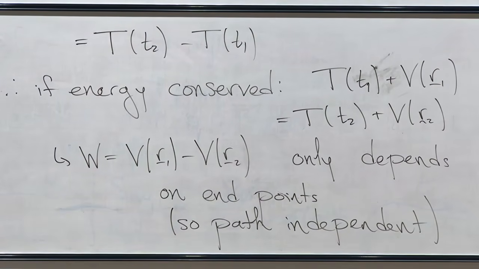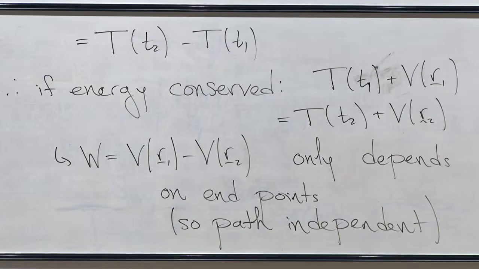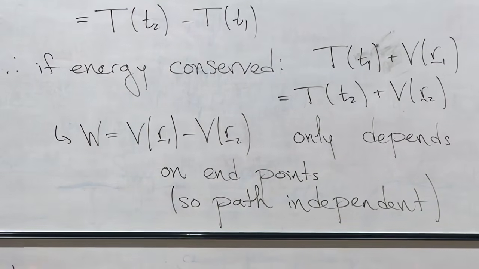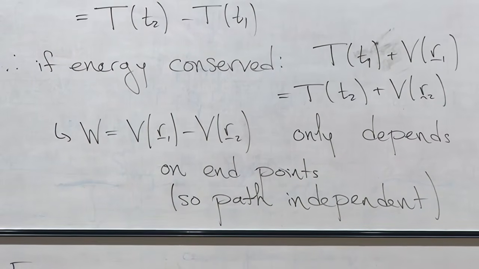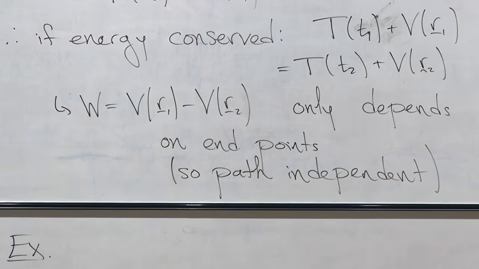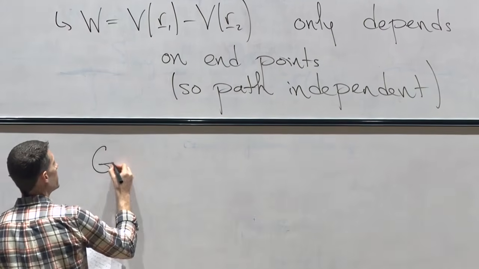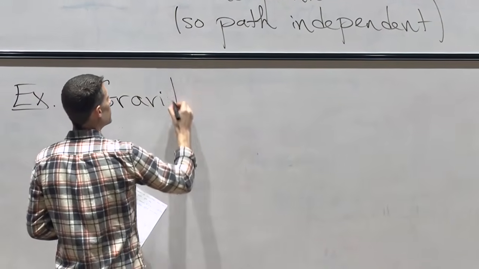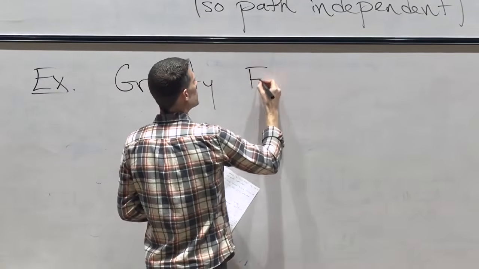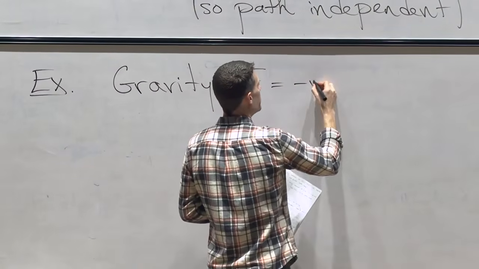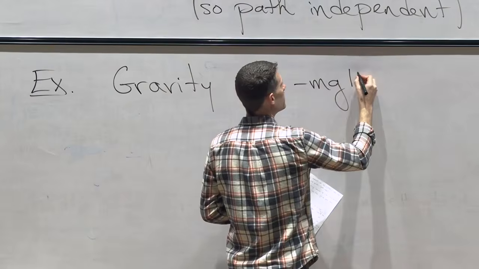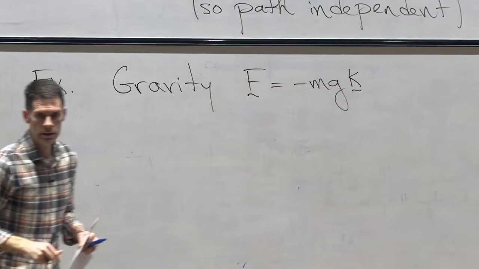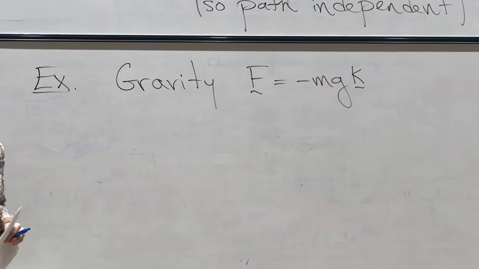Right. Let's think about some specific potential energies. The easiest example would be the gravitational field close to Earth. So if I take gravity, F is minus mg k, which is pointing down.